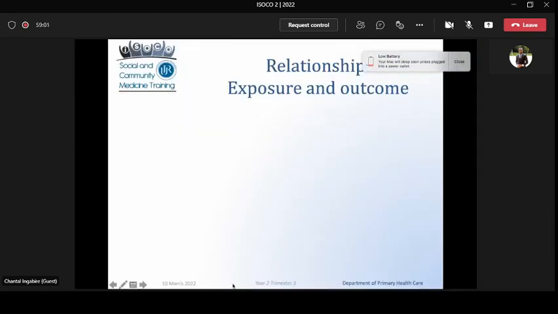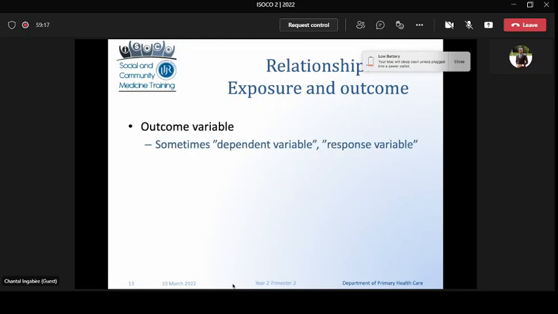Indeed, when we are talking about exposure and outcome, we are talking about something that is happening in the first instance, but also the kind of result that is being associated with that exposure. In epidemiology, when we talk about the outcome variable, we also call it a dependent variable, or even the response variable, which means that there cannot be a response, or something cannot happen, without exposure taking place.